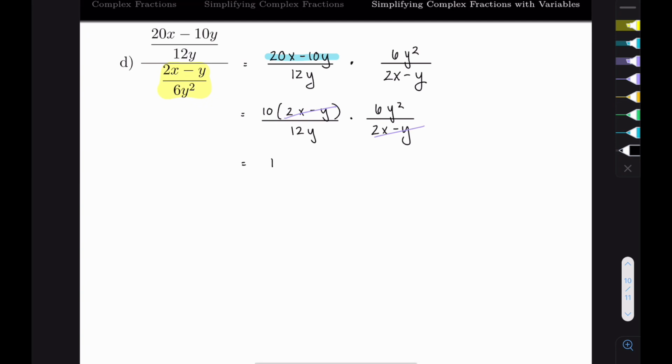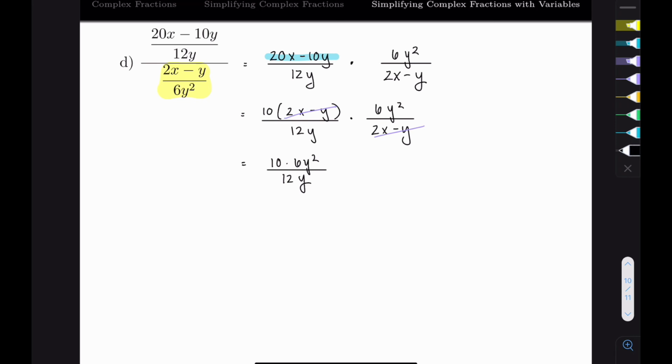And now I'm left with 10 times 6y squared over 12y. Okay. And then from here, simplify it as you'd like. So really, I think you could do the 6 divided by 12 leaves you with the 2 in the bottom, but then you have a 10 over 2.